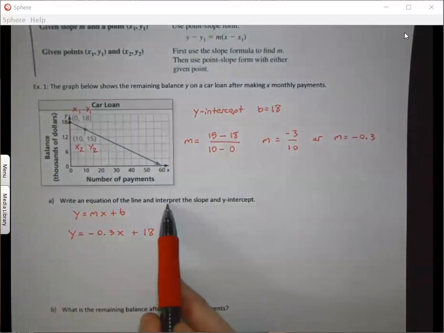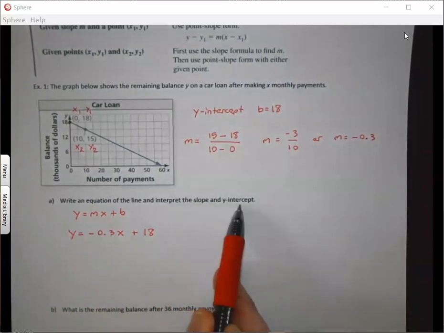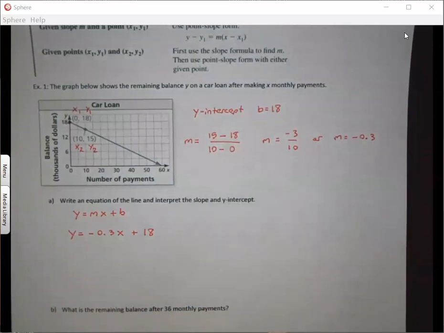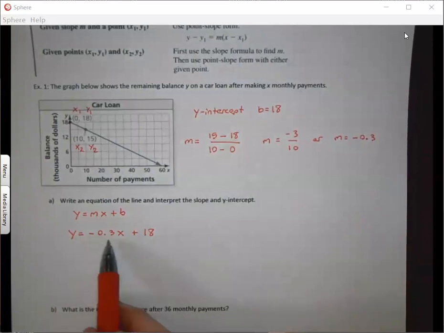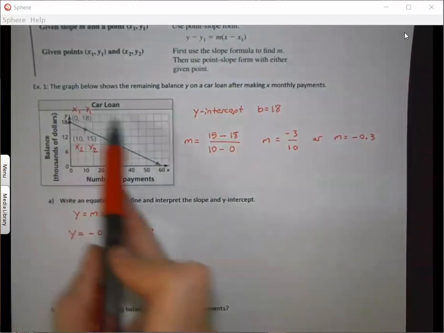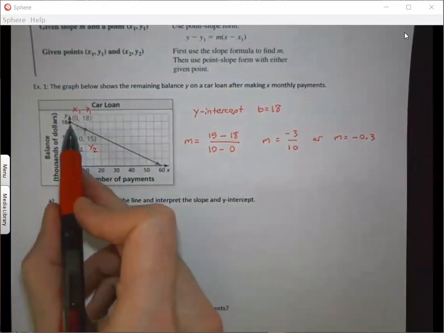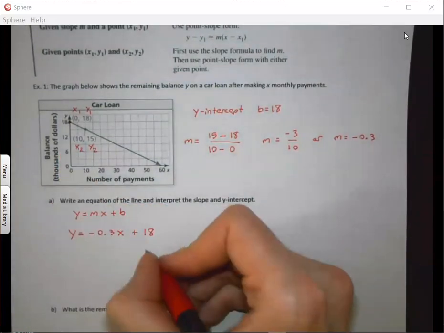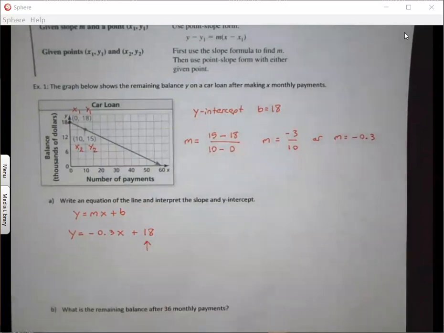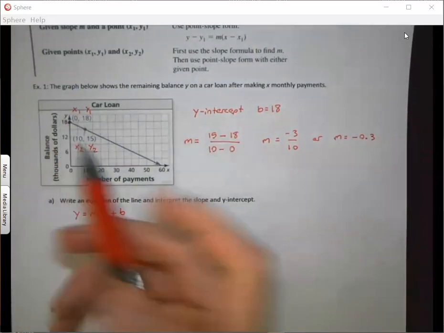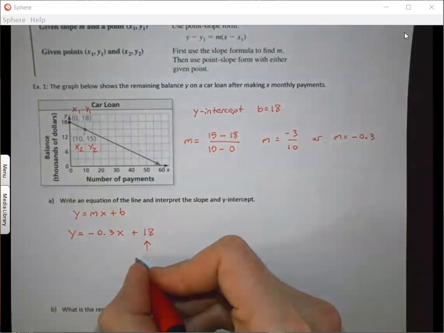Now, when it says interpret the slope and y-intercept, that just means explain what these values mean for our given problem. So my y-intercept is 18. Y-intercept is also our starting point, or we can say it's our initial value.